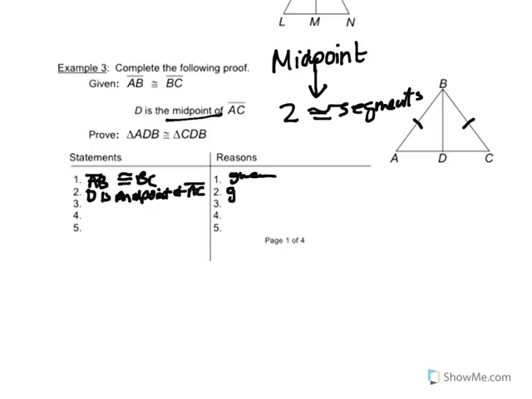That's given. And now, as a result of our midpoint, we can say AD is congruent with DC. And how do we know that? Definition of a midpoint.